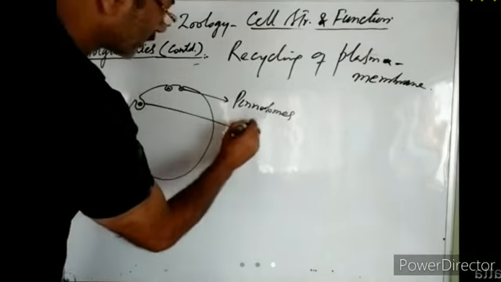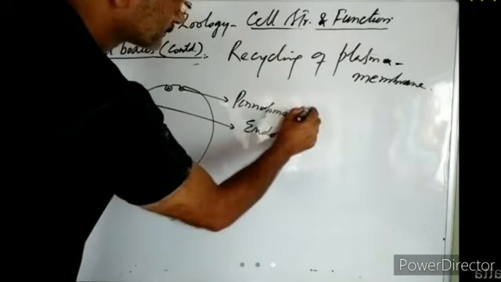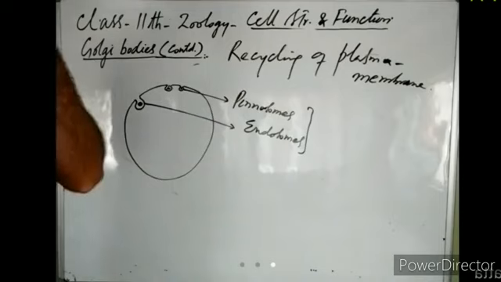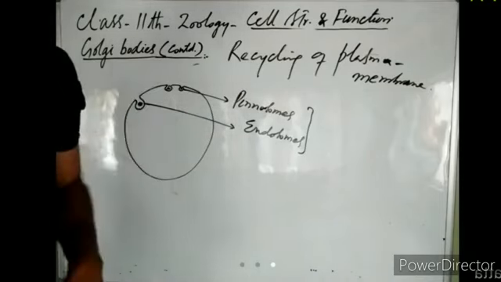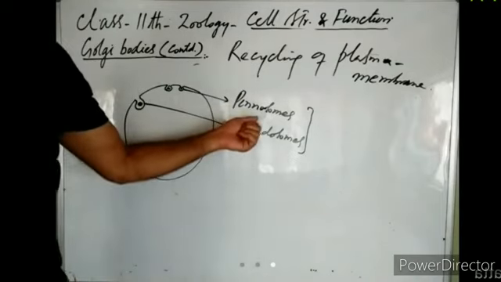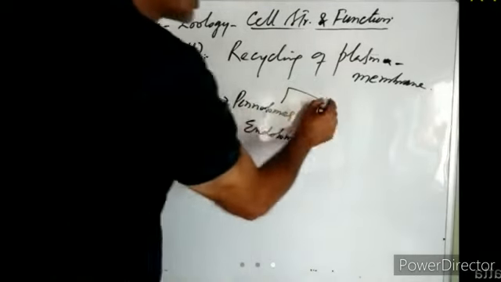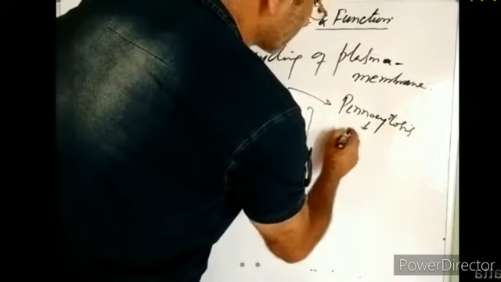These are known as endosomes. So an animal cell is continuously making intake of some liquid droplets from the surrounding environment in the form of pinosomes. You know, pinocytosis is known as cell drinking.